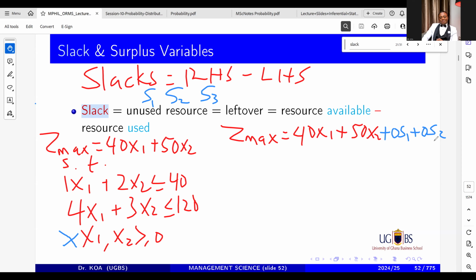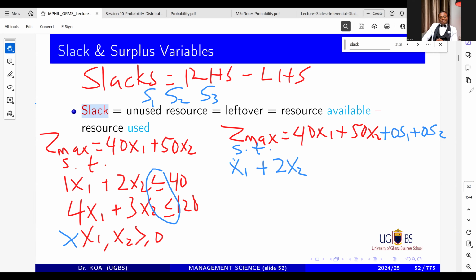Now, how do you introduce the slacks in the constraint? Remember, we said that the slacks introduction to the constraint will convert the inequalities to equalities. So how do you do that? You write x1, which is the same as 1x1, plus 2x2. Okay. Then you check the symbol.